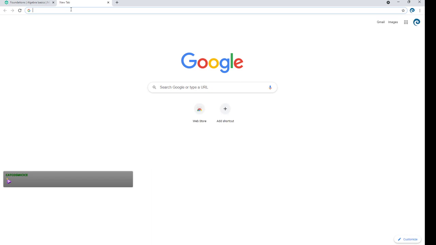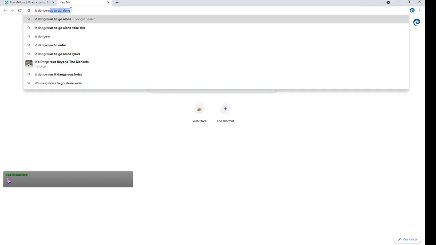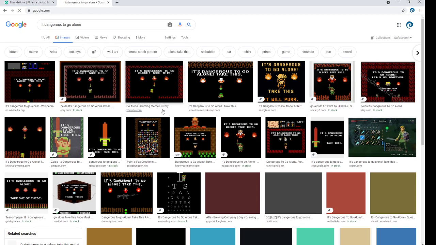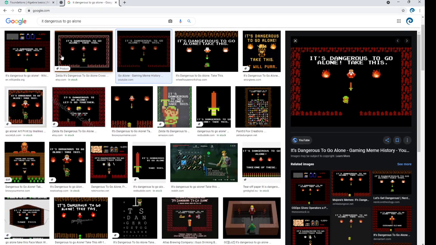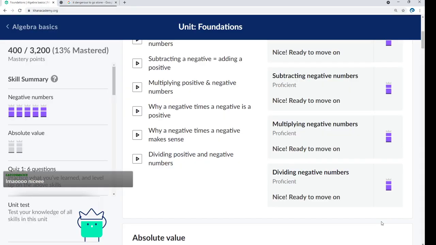We'll just look at it real quick. It's dangerous to go alone. Yeah, see, it's the dude with the two flames. No, I didn't want to go. Okay, we're not doing all that. But you see what I'm saying? It's just kind of neat the way that worked out.